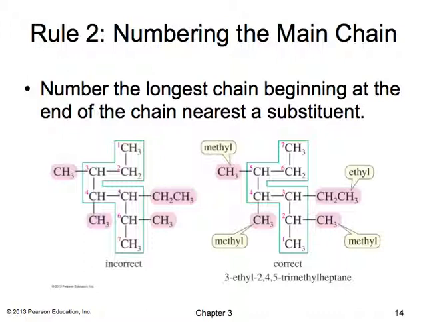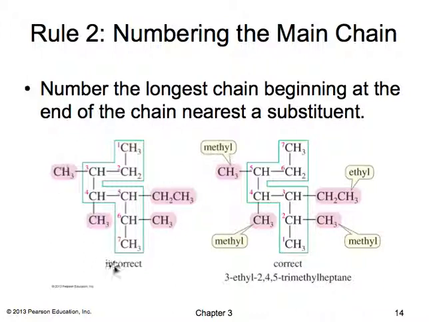Rule 2 is numbering the main chain. You want to number the longest chain beginning at the end of the chain nearest a substituent. These are the same exact molecules. You could number it 1, 2, 3, 4, 5, 6, 7 in that direction, or you could have numbered it 1, 2, 3, 4, 5, 6, 7 in the opposite direction.